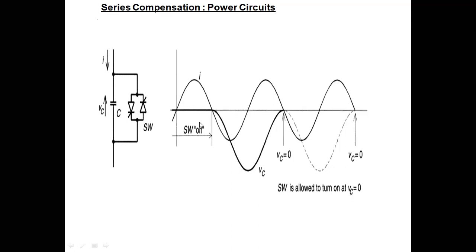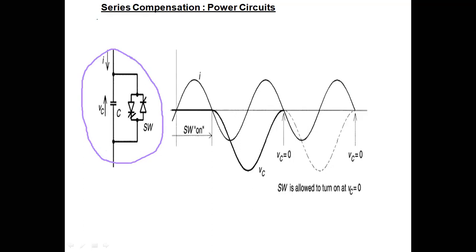Then coming to the TSSC, thyristor switched series capacitor, we don't have control on turning off. Naturally, it comes to the off position because once the current goes to zero, that zero current is less than the holding current, so it turns off.